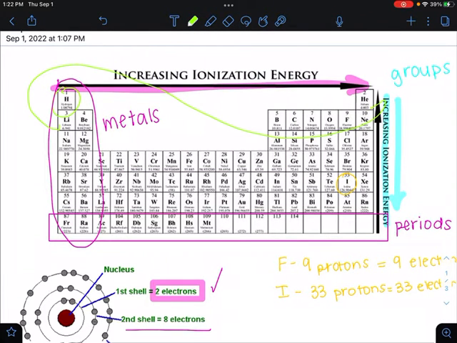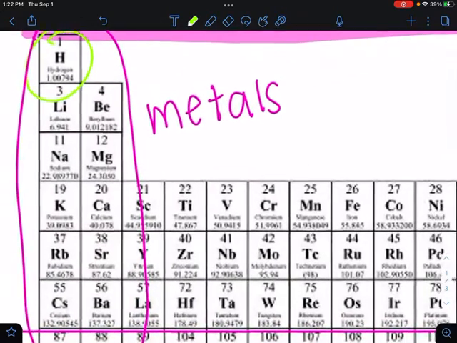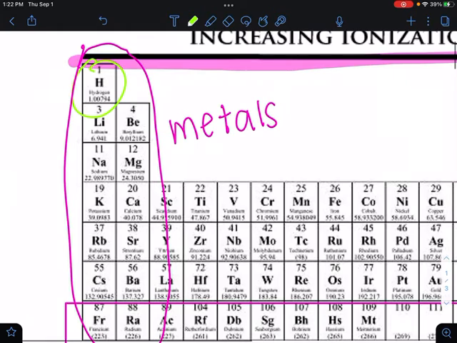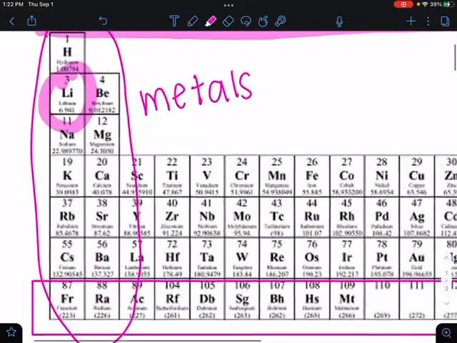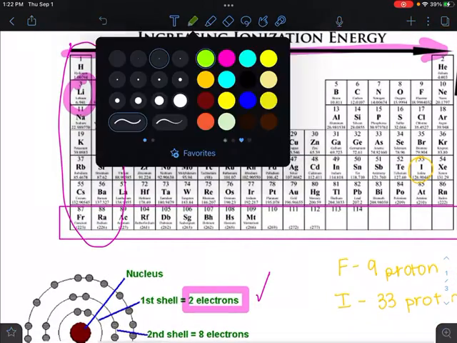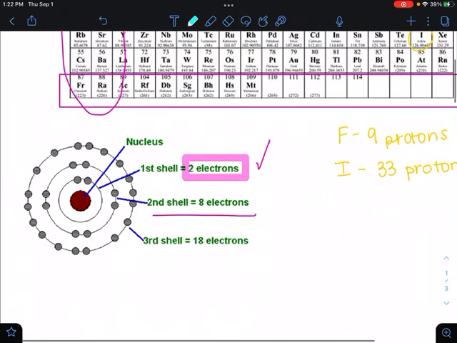Let me show you my thought process behind that. Let me show you lithium. Lithium, 3 protons, 3 electrons, right? 1, 2, first shell full. 3. That I only have 1 electron in the second shell.